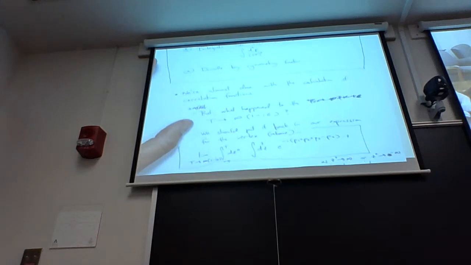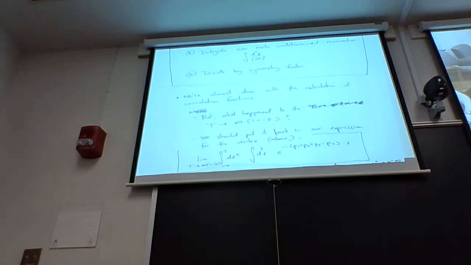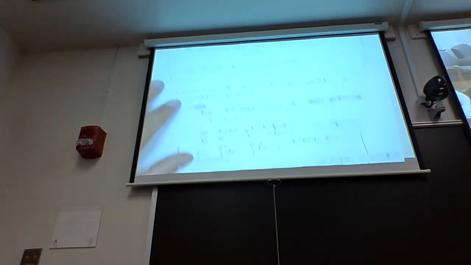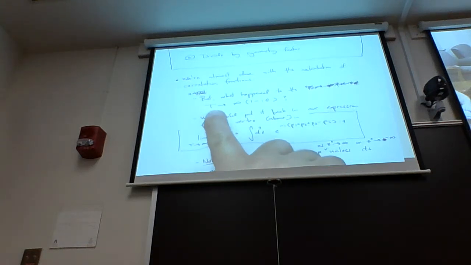We're almost done with the calculation of the correlation functions, or at least we now have a prescription for calculating these things. However, we have to account for one thing that I've kind of swept under the rug, and that was this weird thing that we did by taking t to infinity, but in a slightly skewed way.